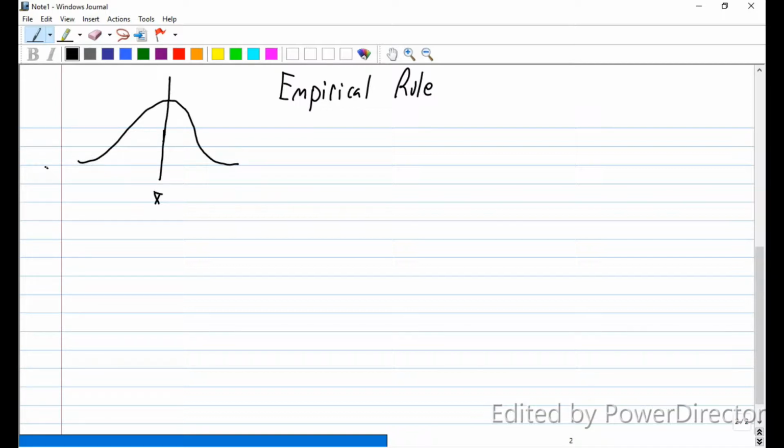The total area under this curve is 1 or 100% of the data items, and within one standard deviation of the mean, one above and one below, you would have 68% of all of the data items. Again, that's one standard deviation.